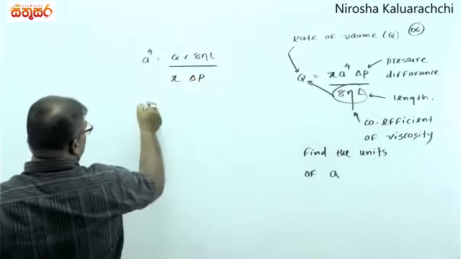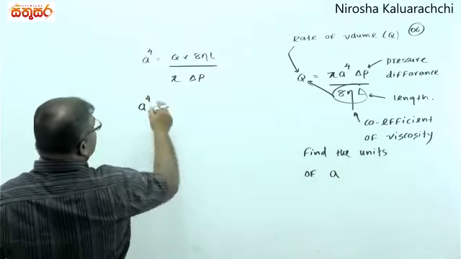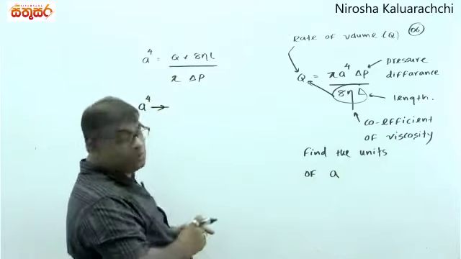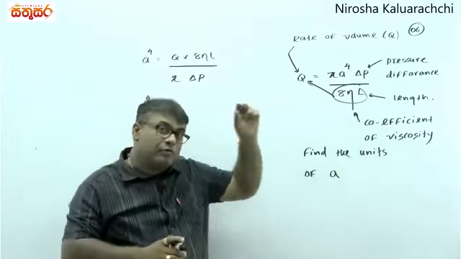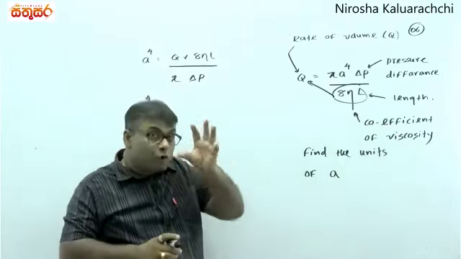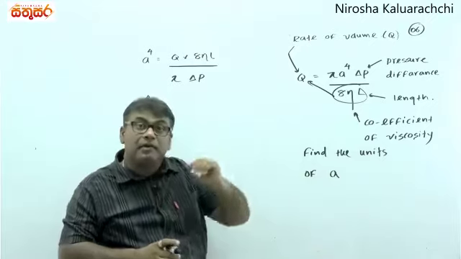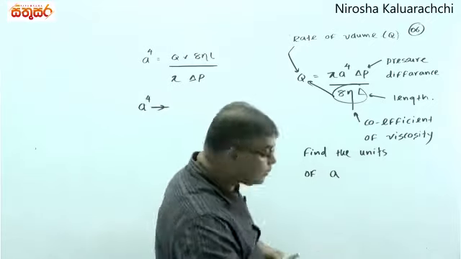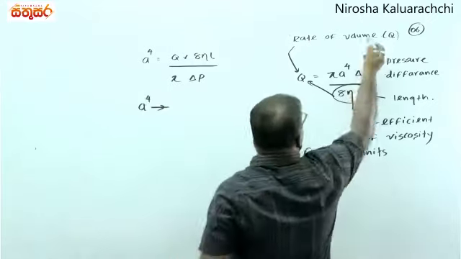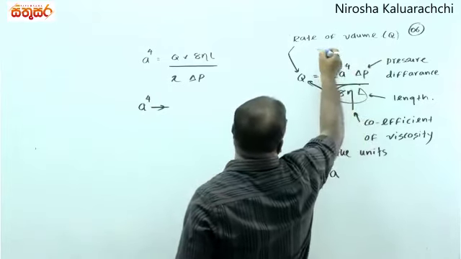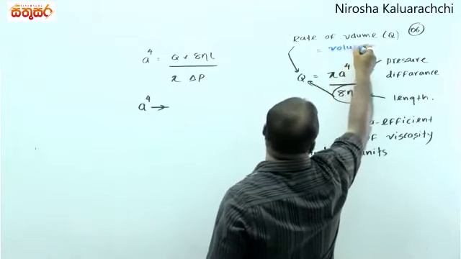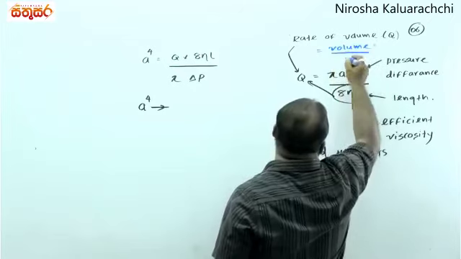Then A to the power of 4 represents Q over pi delta P. Q is rate of volume flow, rate, volume divided by time, right?